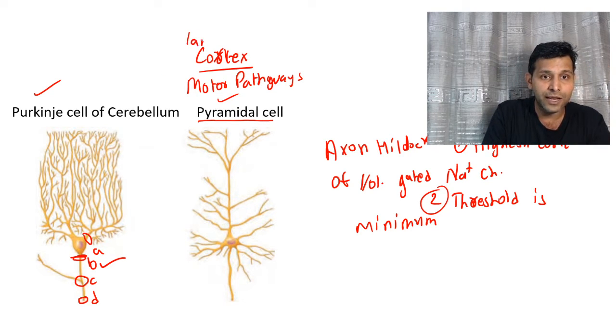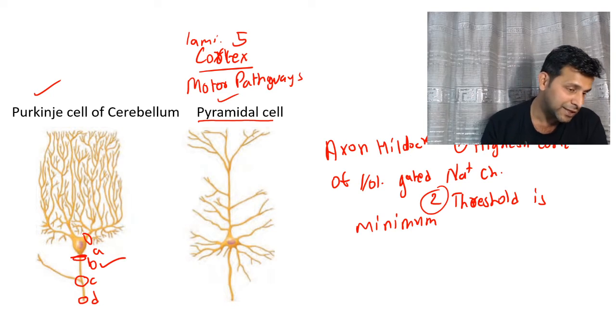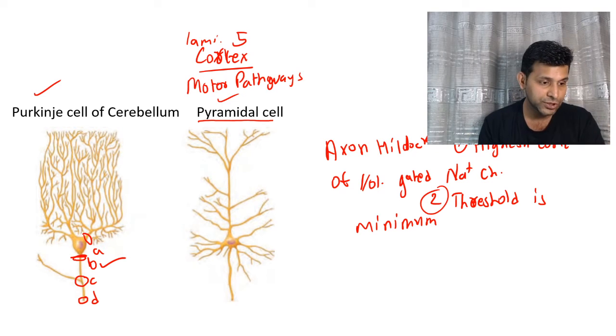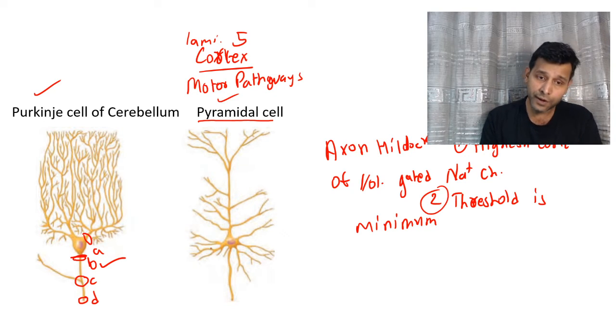Only 3% of the cells are giant pyramidal cells which control the overall motor activities. They have huge connectivity among each other to have very well articulated and coordinated movements. Even in the giant pyramidal cells, the first action potential will be right at the axon hillock.